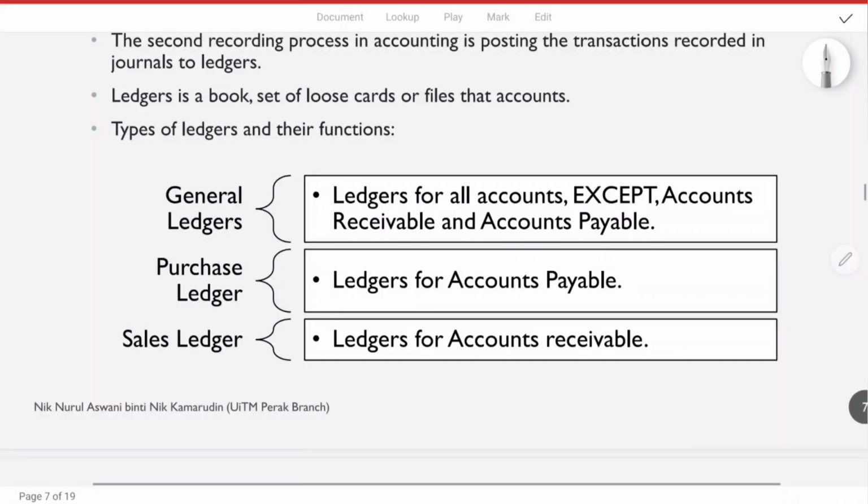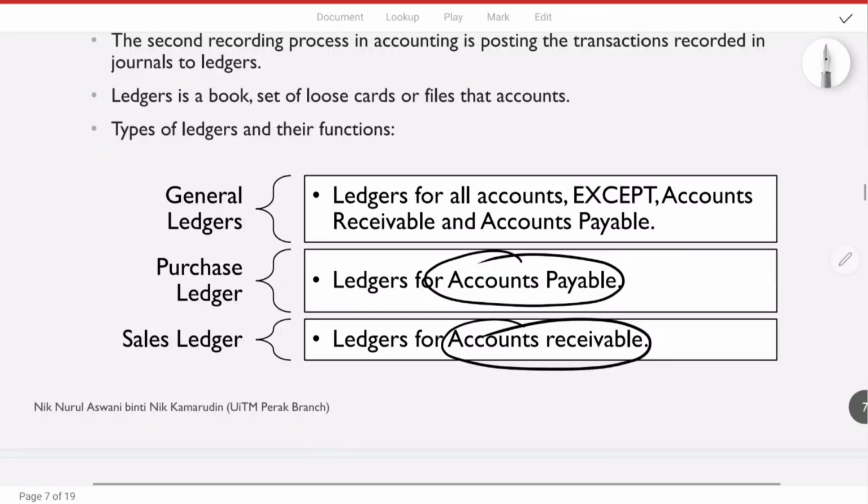Purchase ledger and sales ledger are individual accounts for accounts payable and accounts receivable. If we combine these payables together or receivables together, they fall under the general ledger. But that is not important right now. What's important is that you know you have the general ledger, purchase ledger, and sales ledger.